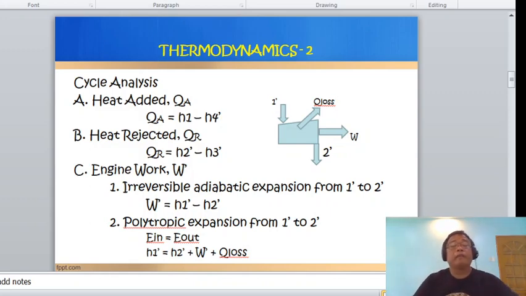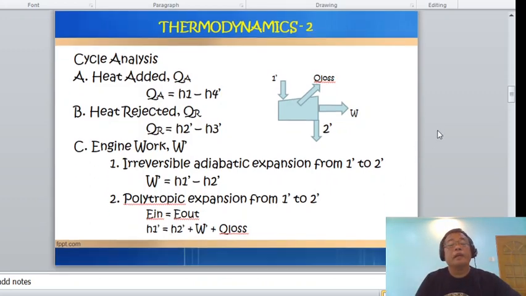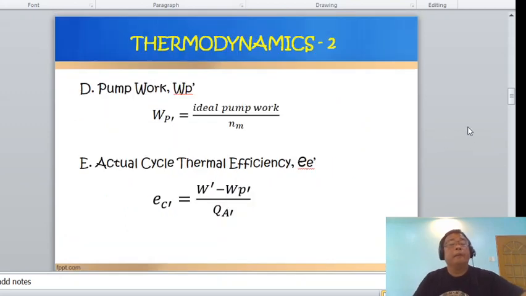Another, class, we have the pump work. Pump work W sub P prime is the ideal pump work divided by the mechanical efficiency. So this is the efficiency of the pump, which is now included.